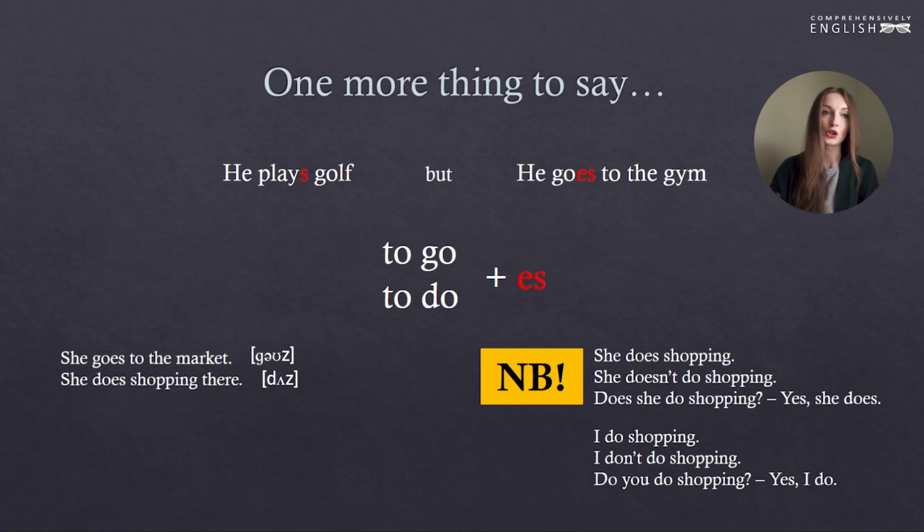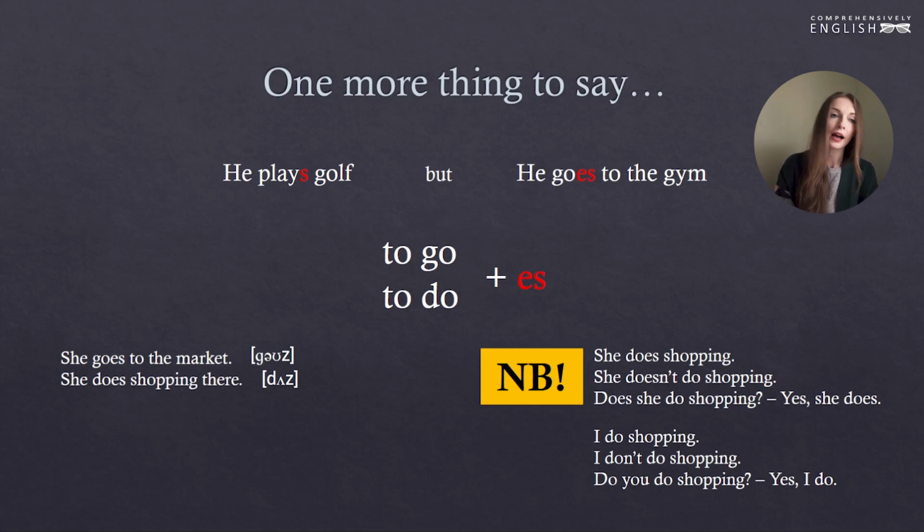Does she do shopping? Yes, she does. Please don't forget that one of these verbs is the main verb, the thing that you do, the action, and the second one is just an auxiliary verb that helps you to form the present simple tense. You need to use both. You must use both. Otherwise, your sentence will not be clear.